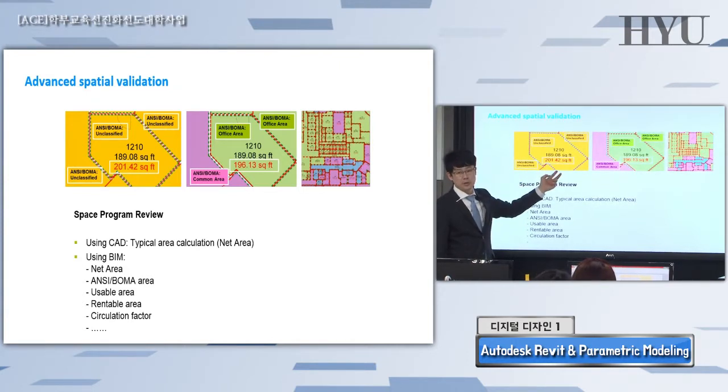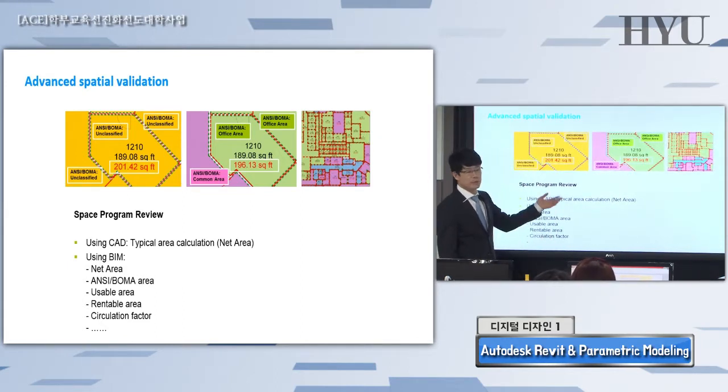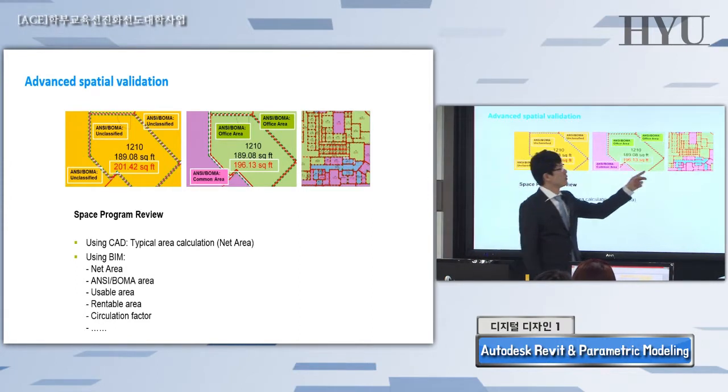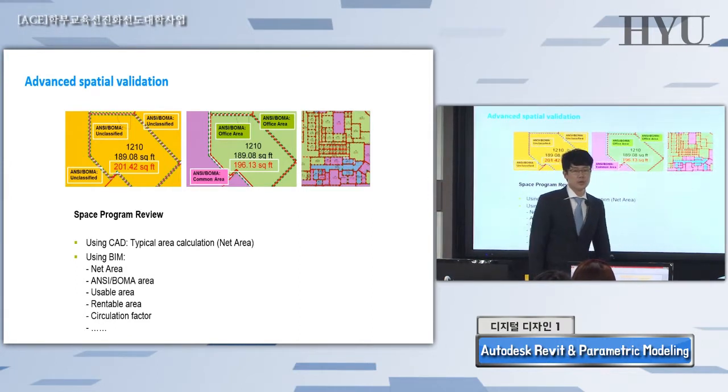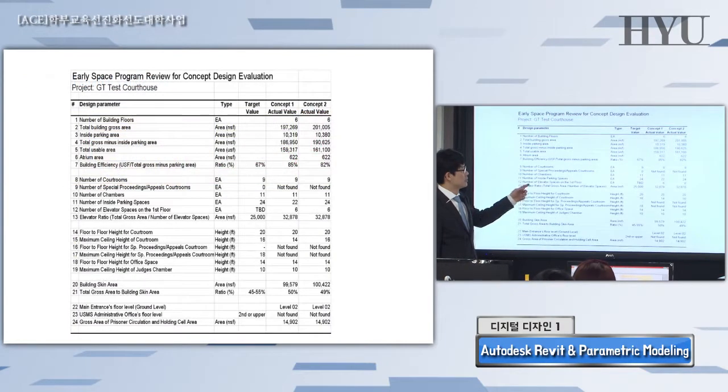Which number do we have to take? It's controversial, but there is a specific definition. Anyway, according to a very detailed area calculation method, we can provide this kind of review chart.